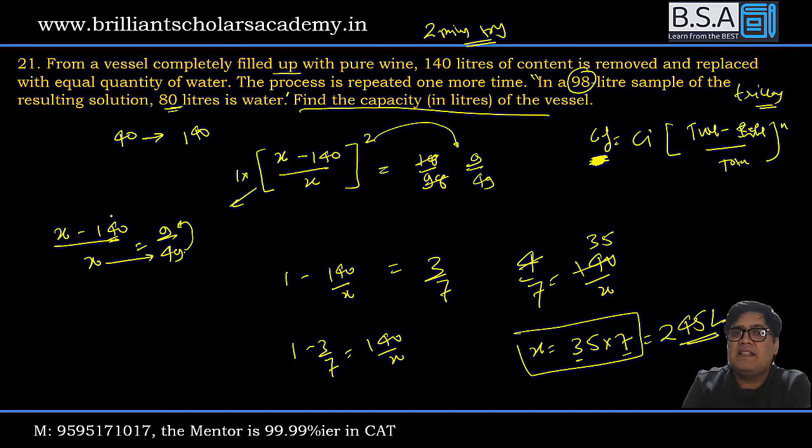What is the decrease in the numerator? 140. So that 40 should be worth 140. So if I cancel this, 0 cancel, 4 cancel, 14 by 4 is 7 by 2.